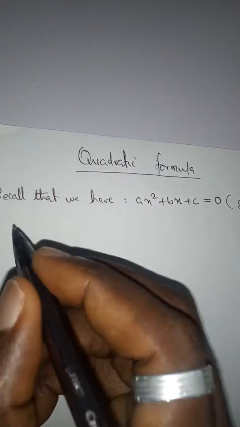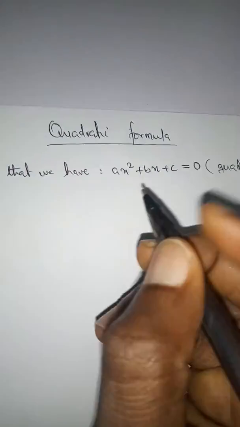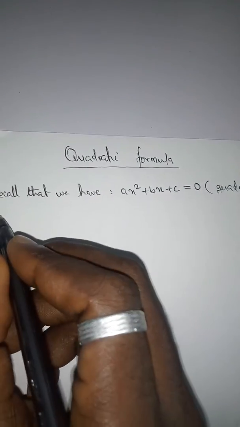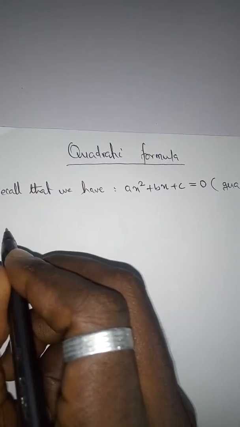Now, we shall impose the condition of the completing the square method on this general form to extract what we know to be the quadratic formula. Now, we start.